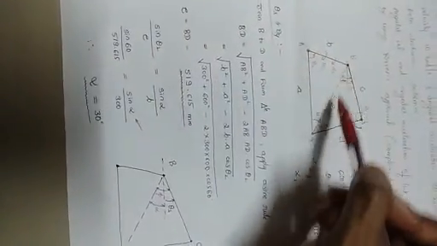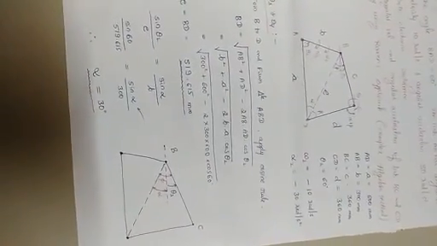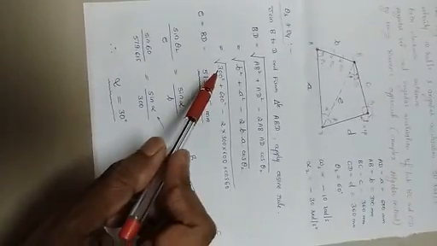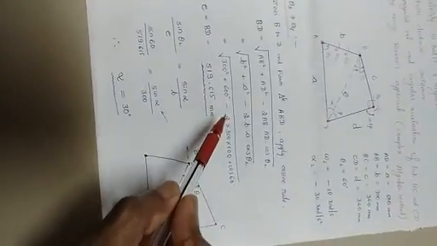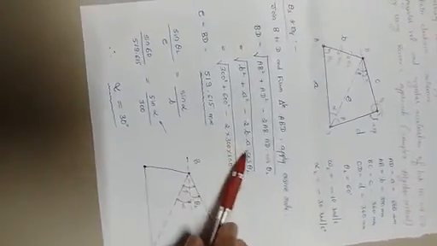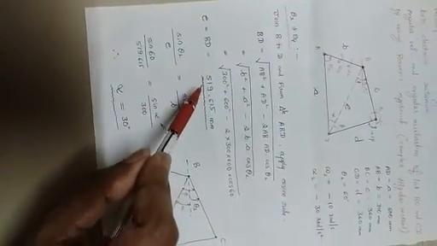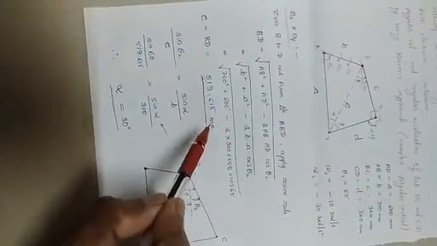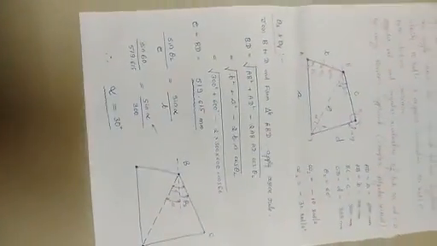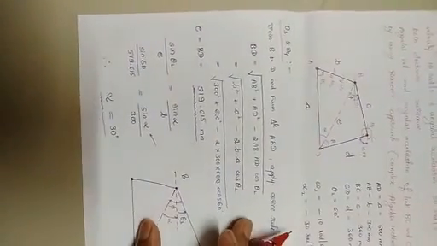Now just apply the values: AB is 300 square, AD is 600 square, minus 2 AB AD cos theta, where theta 2 is 60 degrees. At the end you will get the BD value equal to 519.615 millimeter. So in this triangle, the BD value, that is E, equals 519.61 millimeter.